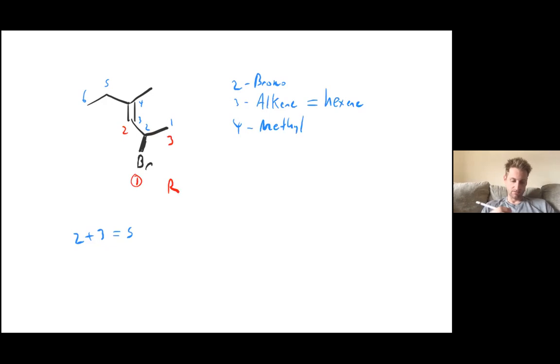Taking a look at our double bond. I can break this into two halves here. So we've got, I get rid of some of these numbers.